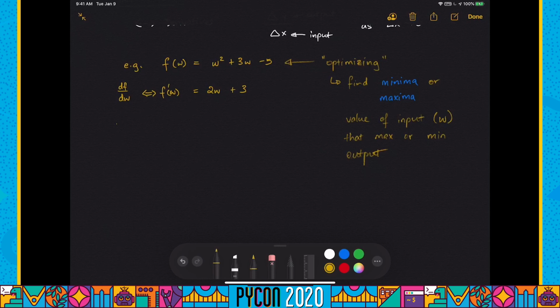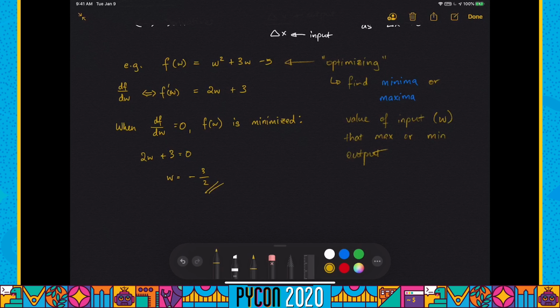So when df by dw is equal to 0, f of w is minimized, and so we can solve for it. And that would be our answer.